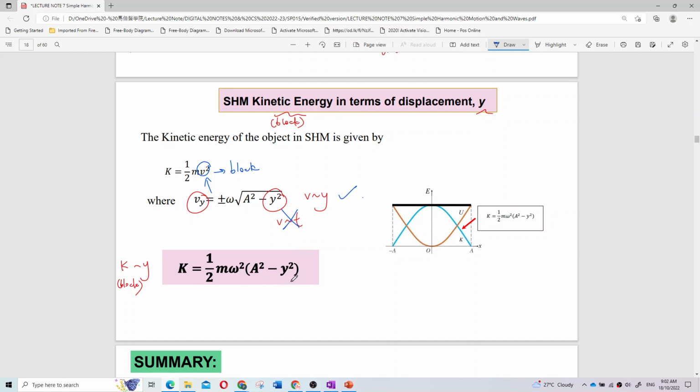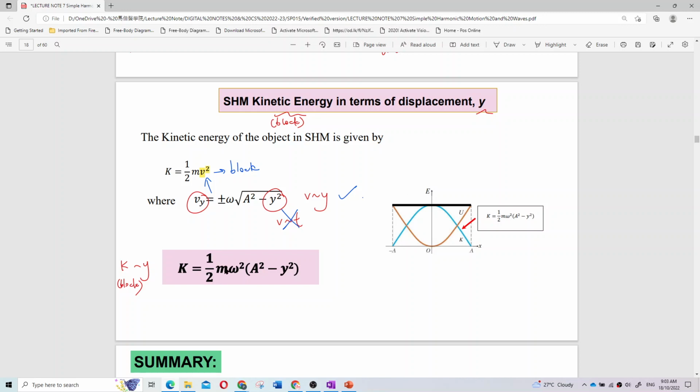Okay, so after substituting, you know where the positive and negative sign is? No negative anymore because of the square. After the square, the negative sign also becomes positive.